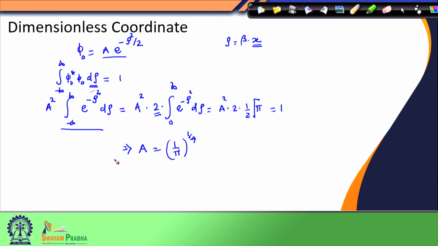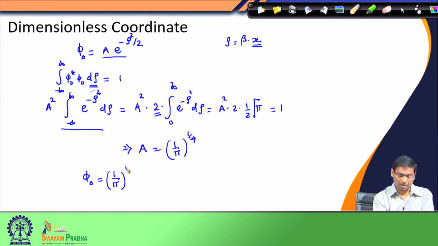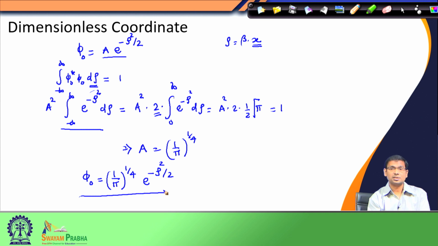So, to write down the normalized form of the lowest eigenfunction in dimensionless coordinate, as you would see, this functional form is somewhat simpler than the previous one, where it depended on the dimension.